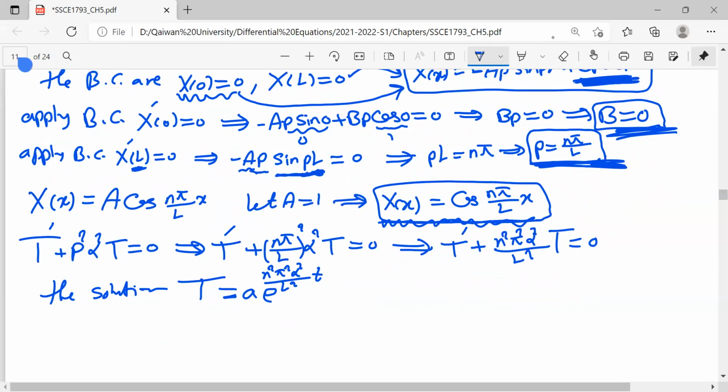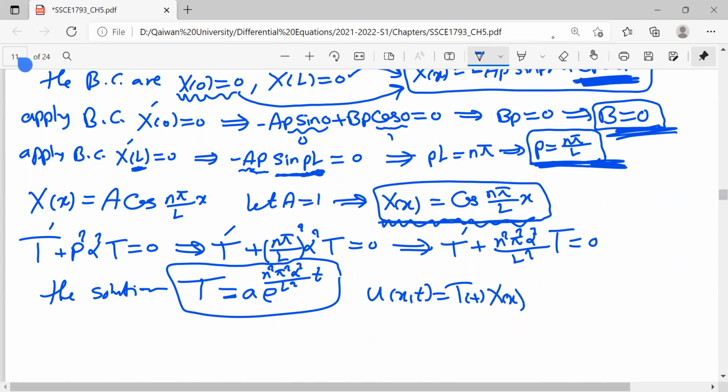This is T. Now we say u of x,t equals T of t times X of x, and this equals, I forgot to write down, a cosine n pi x over L times e to the power of n squared pi squared alpha squared over L squared t.